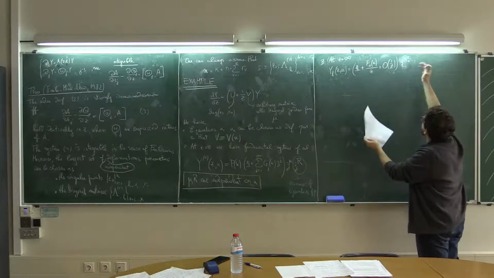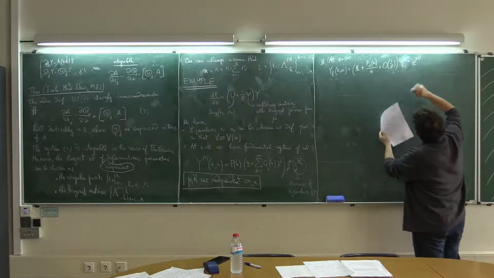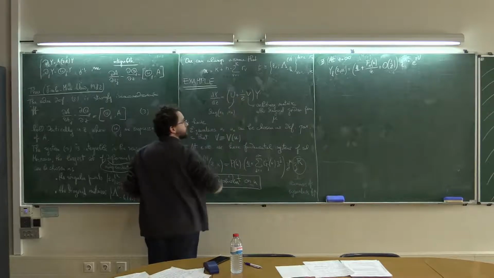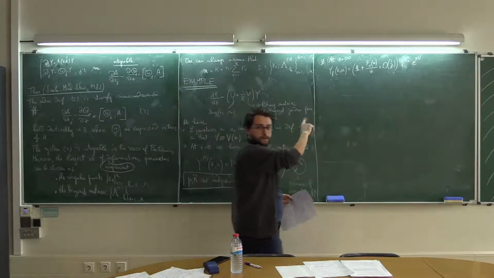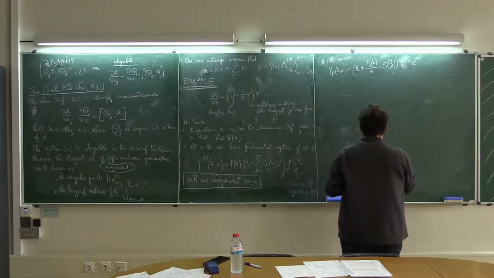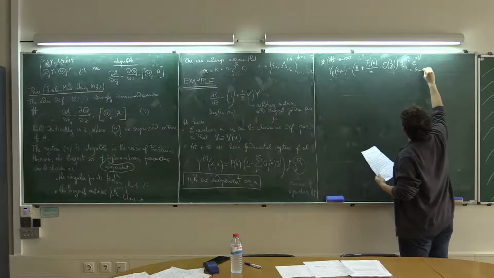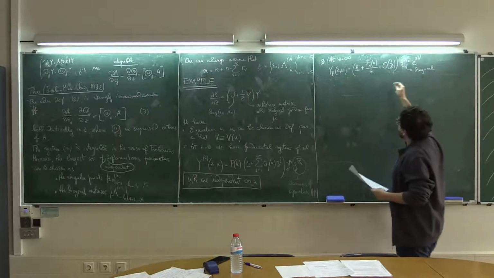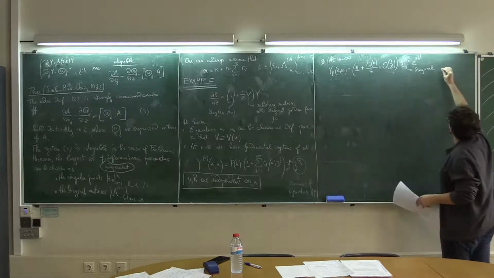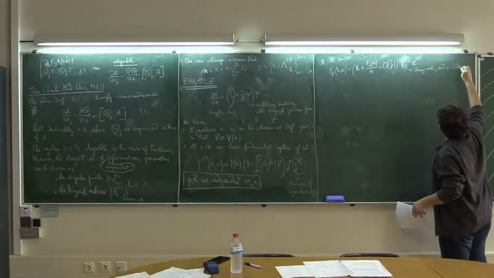For the moment it is not clear who it is, and then an exponential term. And in this exponential term, we have exactly this matrix U. I leave to you as an exercise to convince yourself that this is the form that the formal solution must have. And we know also, by the theorem of last time, that this must be diagonal and independent of U, because we want to study isomonodromic deformation.